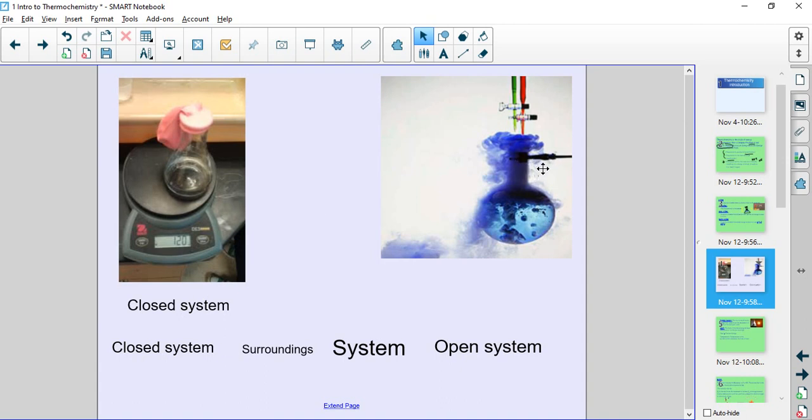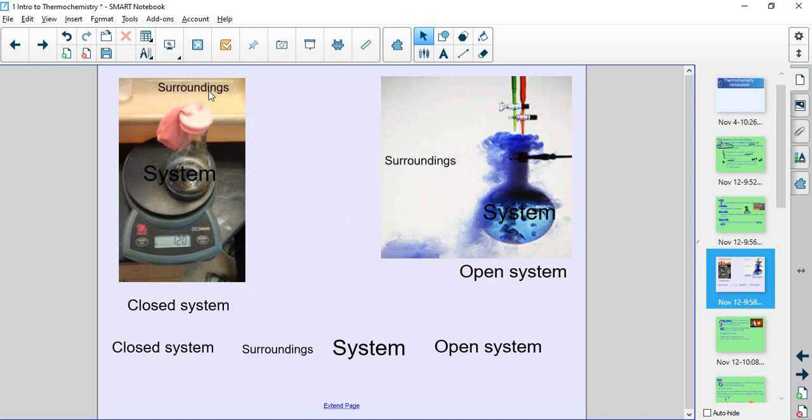You can see that this round bottom flask here is an open system. This is system inside that round bottom flask. This is system inside that Erlenmeyer flask. This is open. We can see material escaping here. The surroundings are, of course, just anything on the outside.